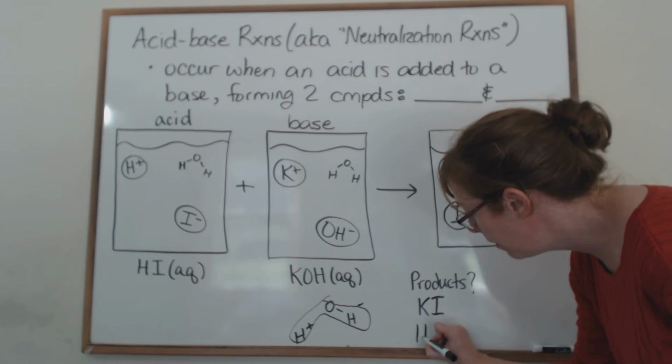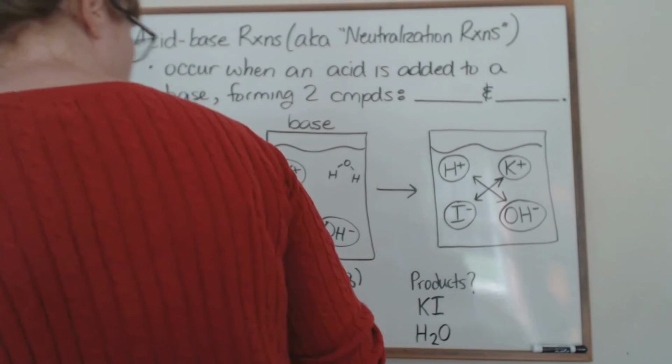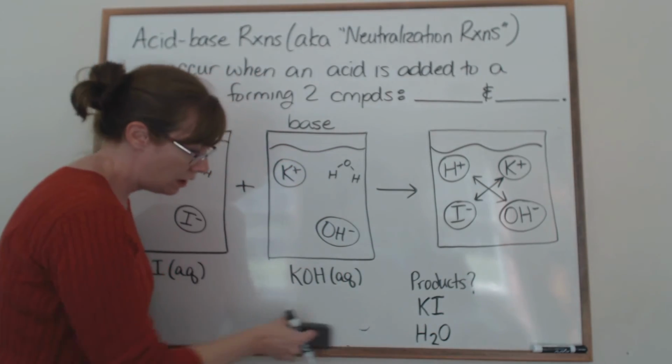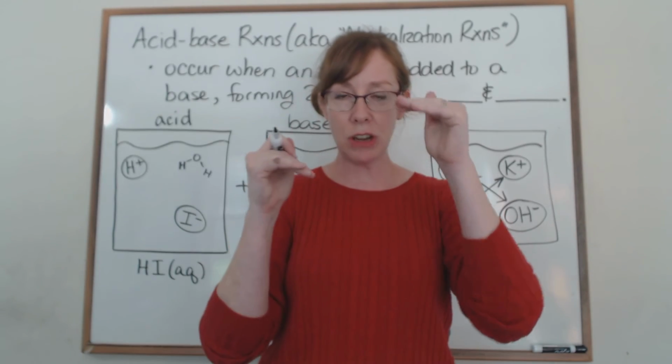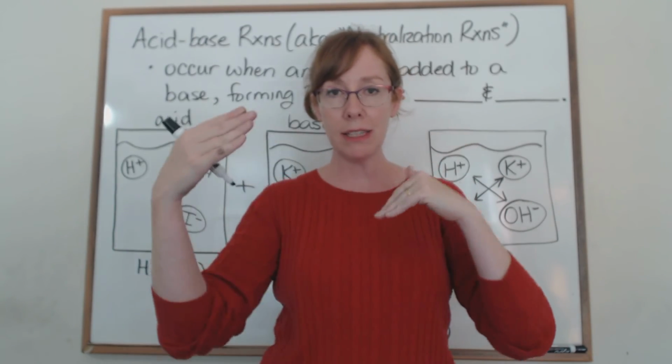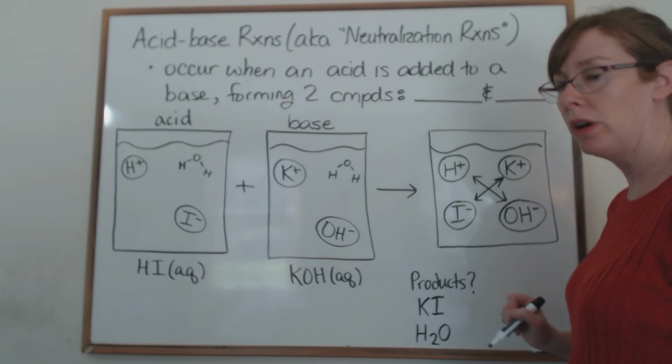Okay, and that's H2O. Don't write HOH. H2O is how scientists write it. And how it bonds together, don't worry about that right now. Just understand H and OH gets you H2O, and a positive and a negative charge gets you neutral. That's why you don't have any charge written up here anymore.